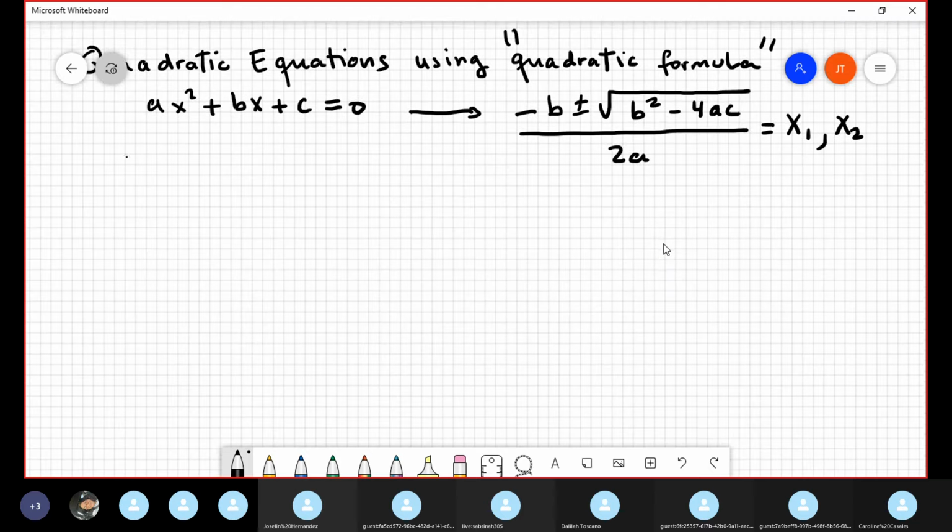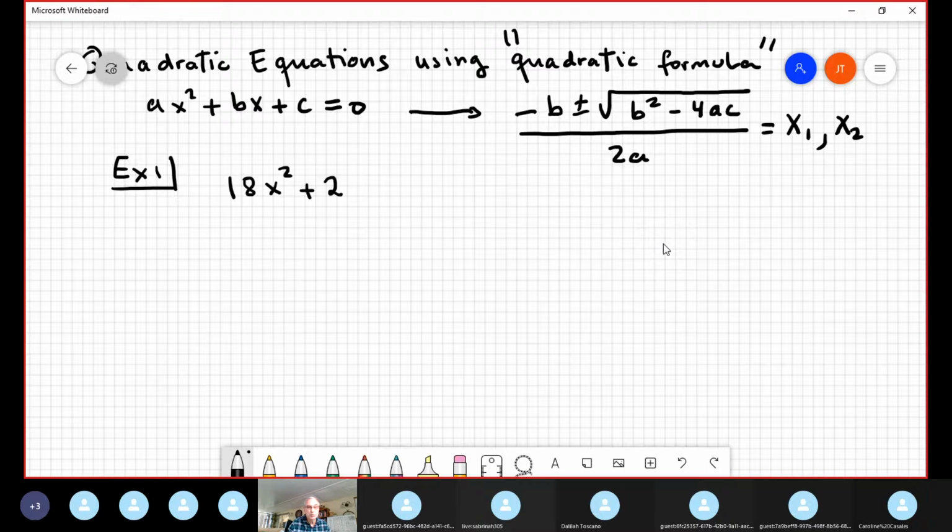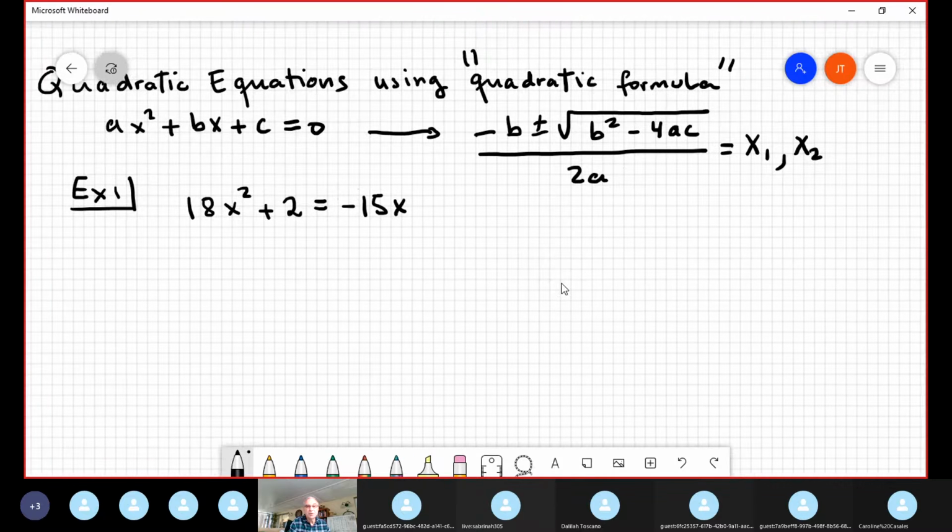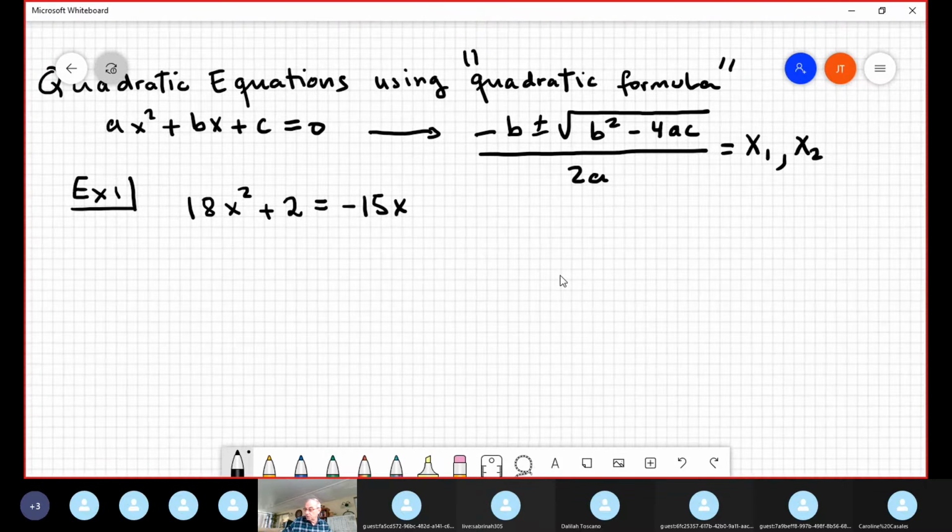Example 1. Okay, suppose this equation is 18x squared plus 2 equals negative 15. This is a quadratic equation. It is obvious that it is a quadratic equation. The clue that gives me the information is this exponent.